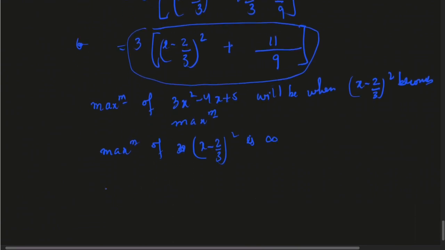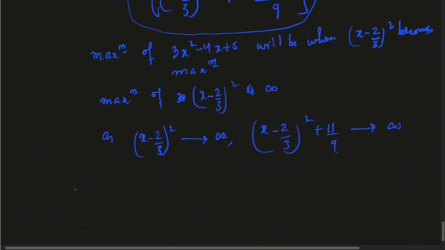So as x minus 2 by 3 whole square tends to infinity, this term x minus 2 by 3 whole squared plus 11 by 9 also tends to infinity. Thus the maximum value of 3x square minus 4x plus 5 tends to infinity.